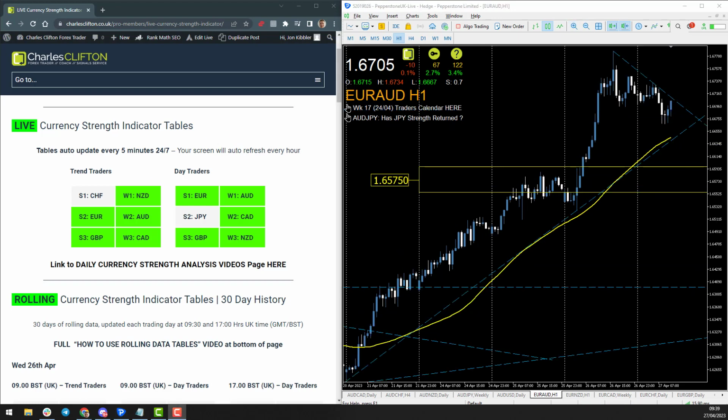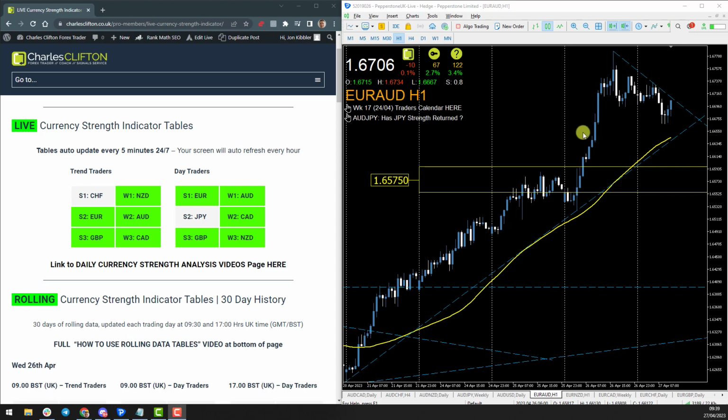What I'm looking for is for price to maybe reject this minor trend line coming down, maybe reject these lows in here, come down to our trend line. I've also got a 50 moving average here on the hourly, which we've talked about in previous videos. So that area there, I'm targeting for a potential move up to the 1.68 handle. Okay, so that's something I'm going to be looking at if price was to do that.